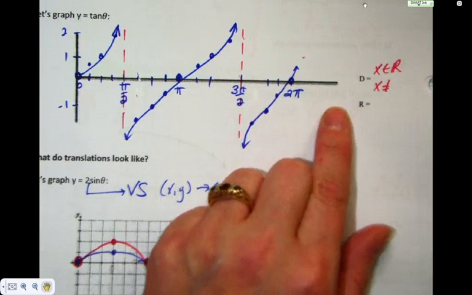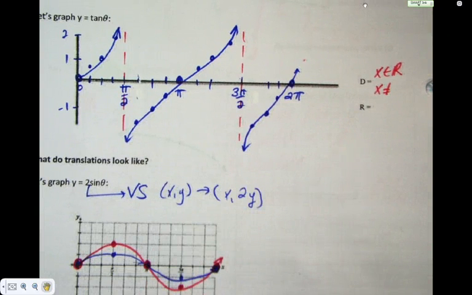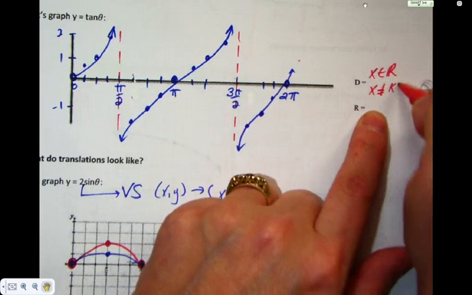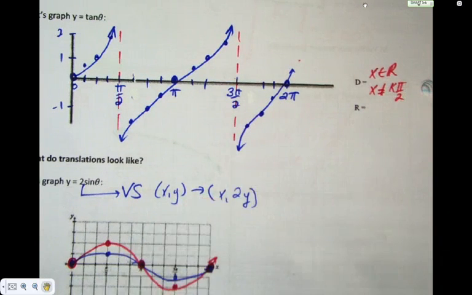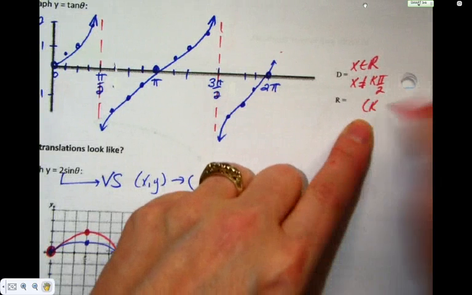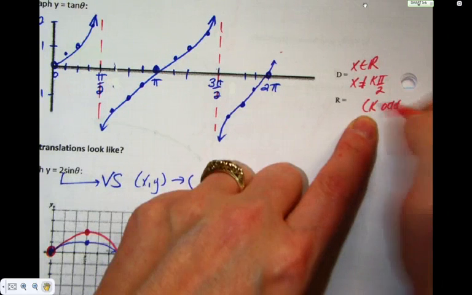So we're just going around the circle. The next one would be 7 pi on 2, and then 9, and then 11, and then 13. So what kind of numbers are those? 1, 3, 5, 7, 9. They're the odd numbers. So x cannot be, I'm going to use that k just like we did with the general solution, except this time it's pi on 2. And then I'm going to define k to be the odd integers. I forgot the element of.